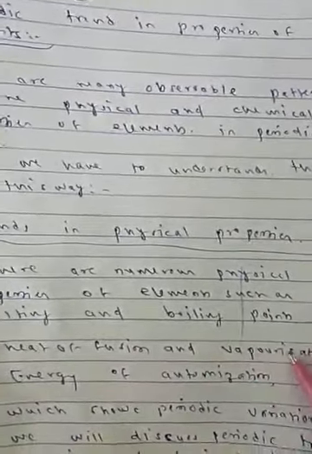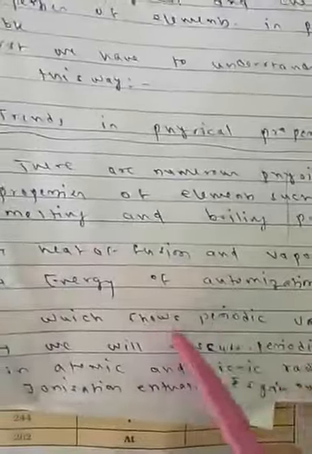First we have to understand this in this way. First, trends in physical properties. There are numerous physical properties of elements such as melting and boiling points, heat of fusion and vaporization, energy of atomization, which show periodic variations.